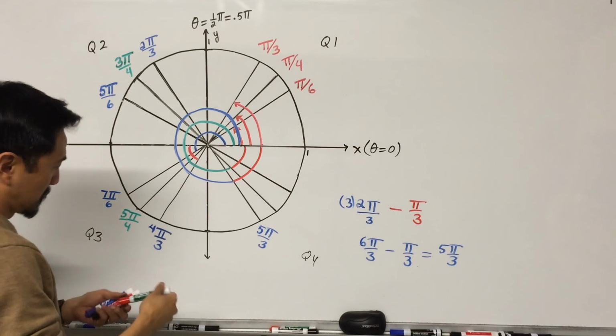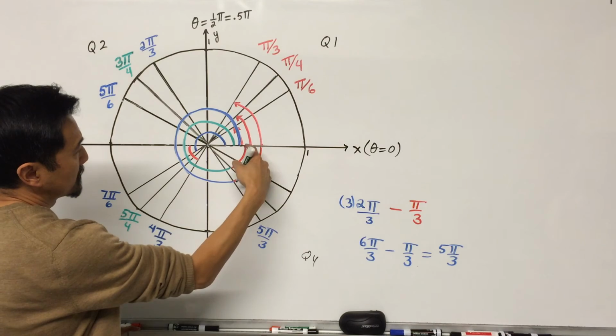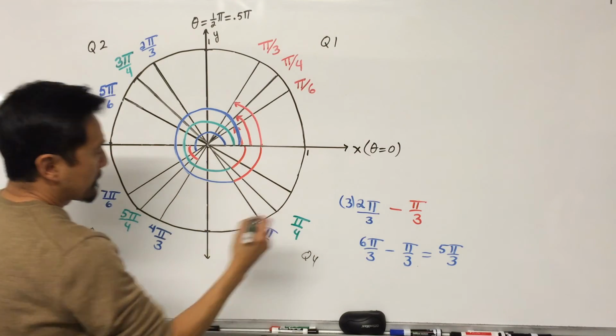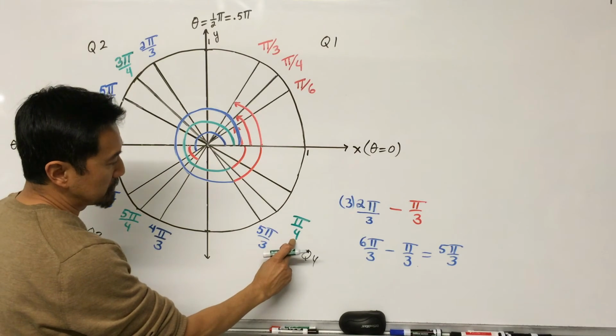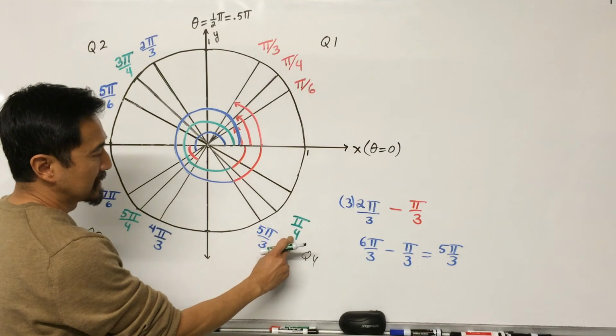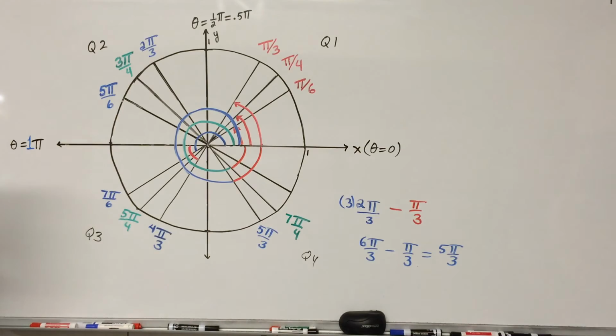And so what is its measure going to be? Well, it has a reference angle of what? Pi over 4. Okay. And now all you're going to do is double the denominator. So 4 times 2 is 8 minus 1, which is going to give us a numerator of 7.